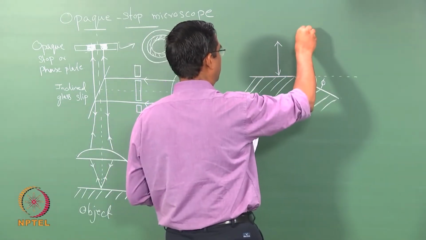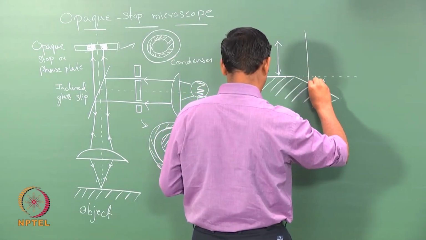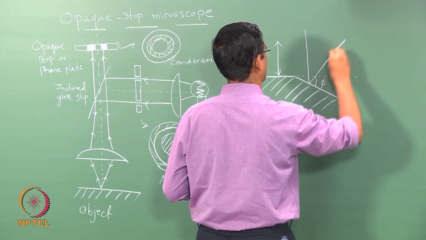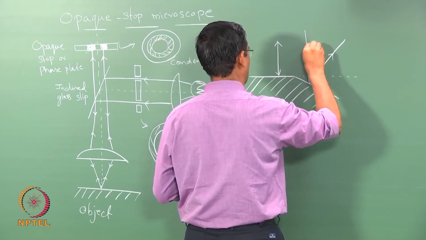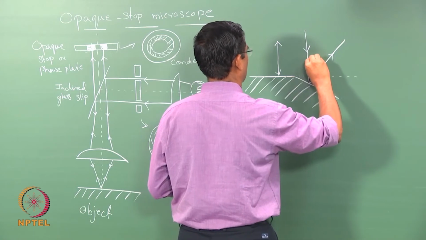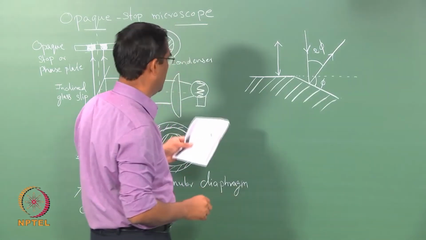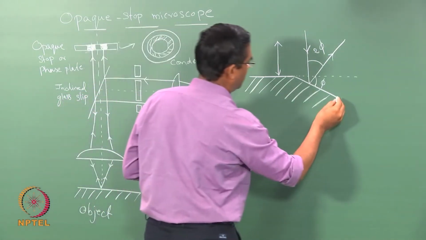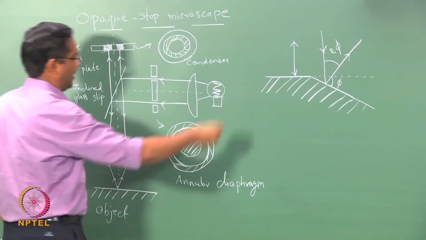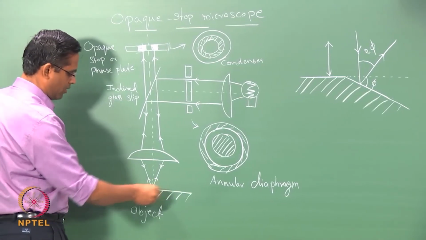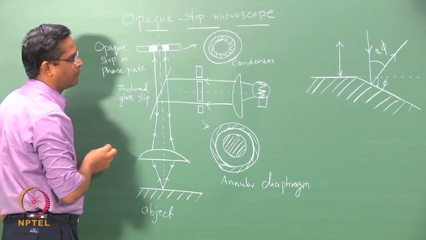If the light falls on this, it will be reflected at this angle. So what we are trying to say here is that light reflected from the perpendicular surface will be stopped by this opaque stop or faceplate.